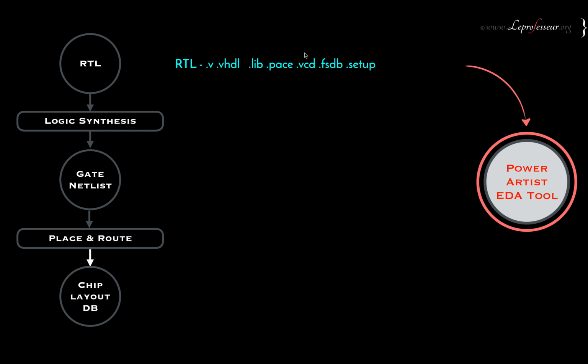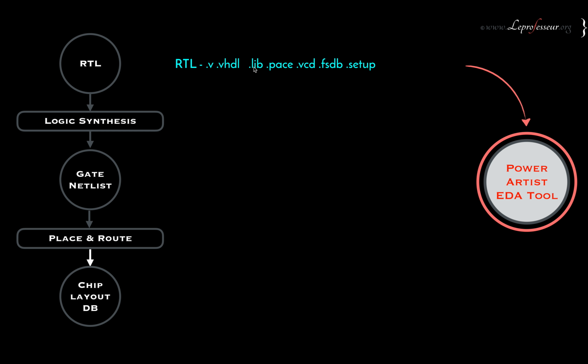Well, the tool internally calculates the activity factor for the different signals, and a basic setup of this is needed by the tool. Important here is the RTL file and your good stimulus in the form of VCD or FSDB, and a PACE model file.